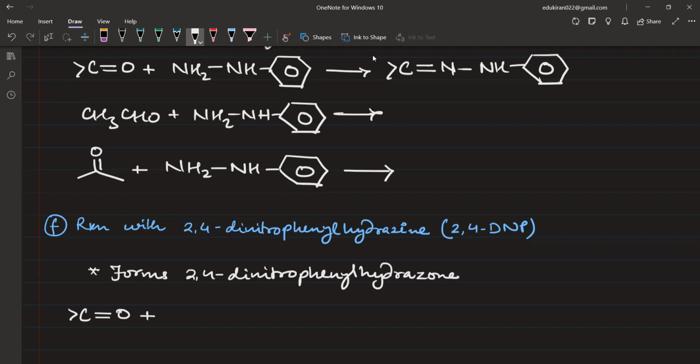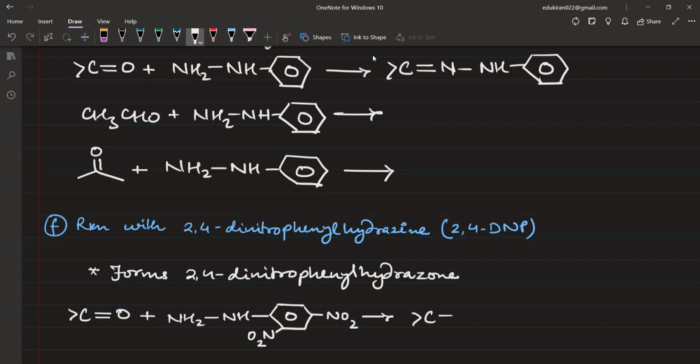The structure of 2,4 dinitrophenylhydrazine is the same as before: NH2, NH, then you also have the phenyl ring, but here you will have NO2 at position 2, and in the para position NO2.